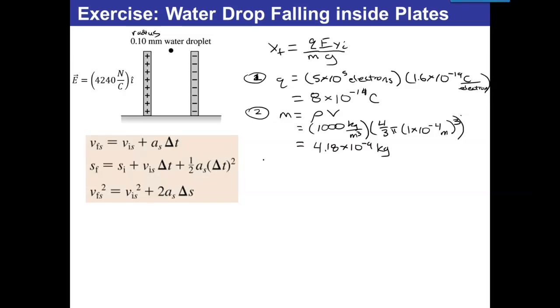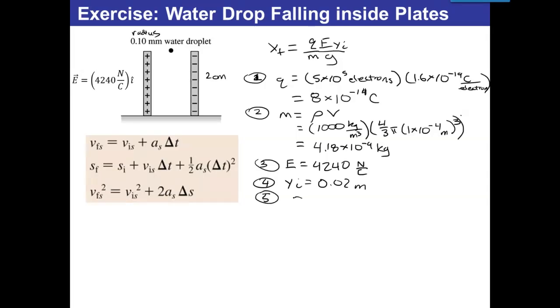All right, so what else do we need in this equation? We've got Q, we've got m. We should write down, so we know E, we're given E was equal to 4240 newtons per coulomb. And we were given y sub i, that was 0.02 meters, that's the height of the plate.